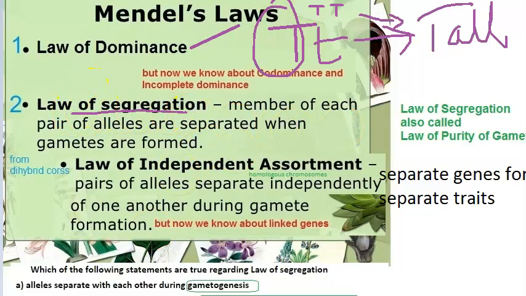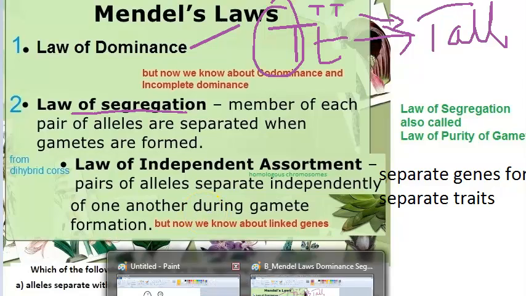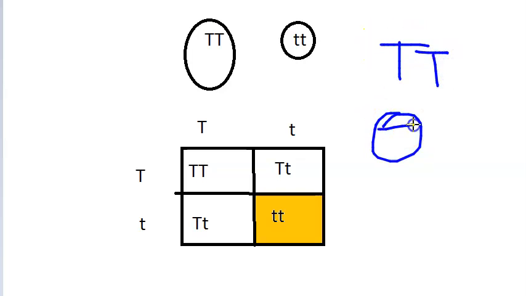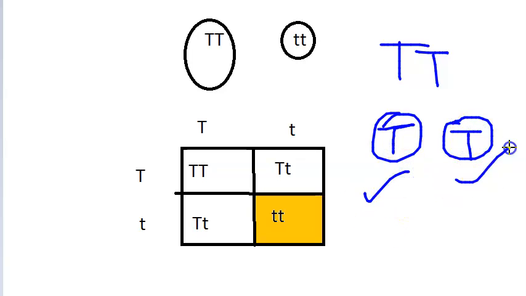Now the second law, law of segregation, which you would have seen in a monohybrid cross. It says the alleles segregate independently. If a person is tall and homozygous, then his gametes will have 1 copy of the allele.